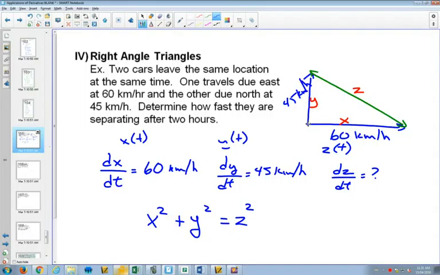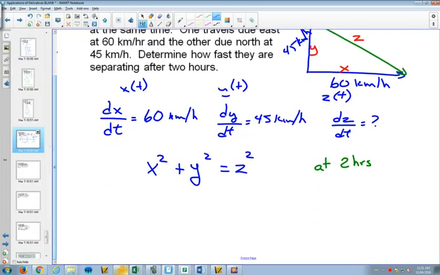What do we know at 2 hours? We know the distances, right? So we could draw a triangle for that. In 2 hours, you would go 120 in this direction. You would go 90 in this direction. And if you did a squared plus b squared equals c squared, anybody recognize those numbers? Can you do that mental math in your head? 150.